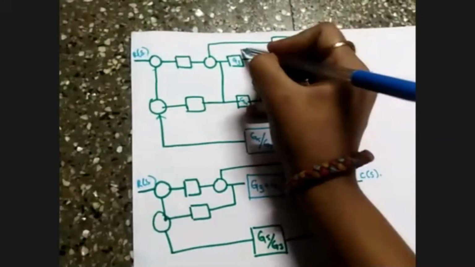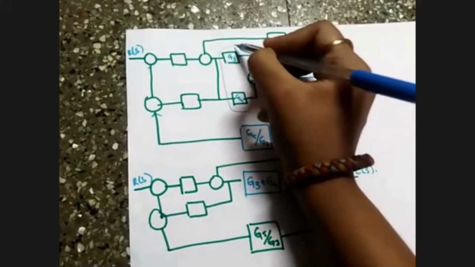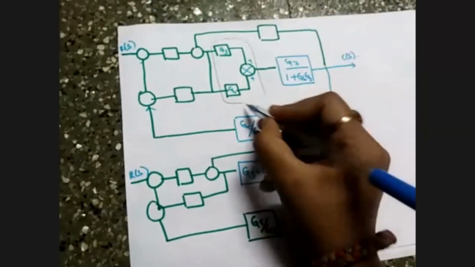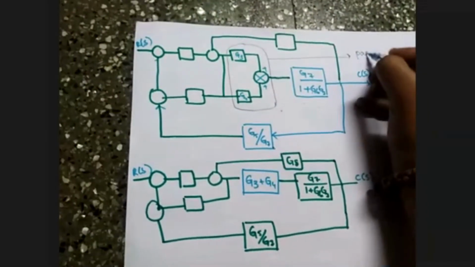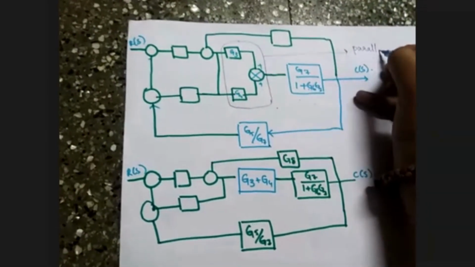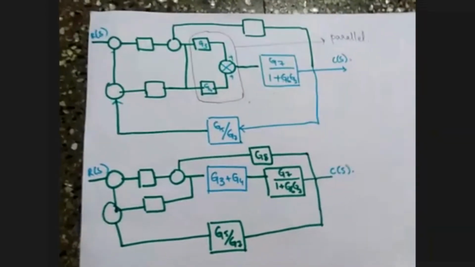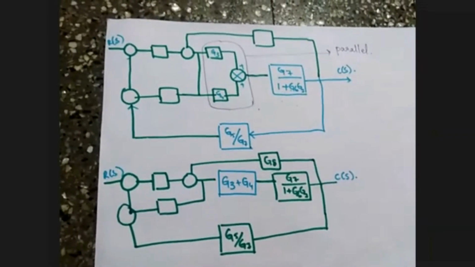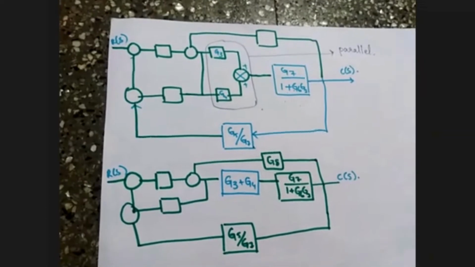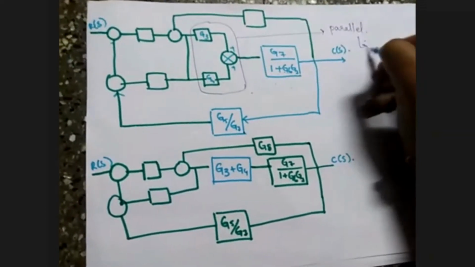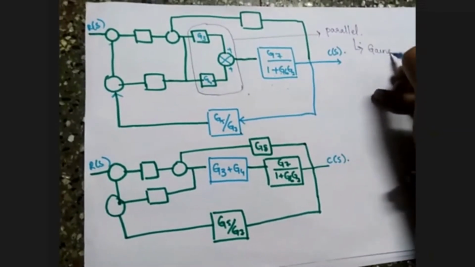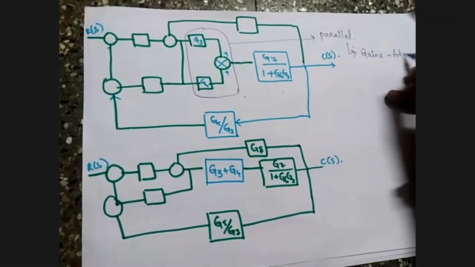Now if you observe properly, this G3 and G4 connected through a summing point are parallel. So if two blocks are in parallel, their gains should be added.